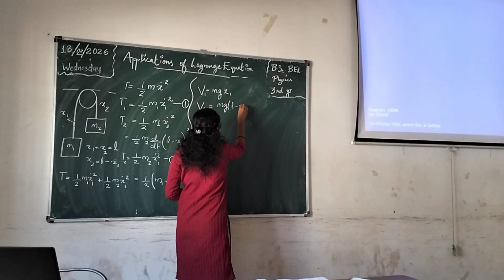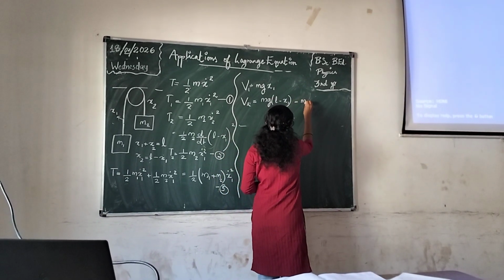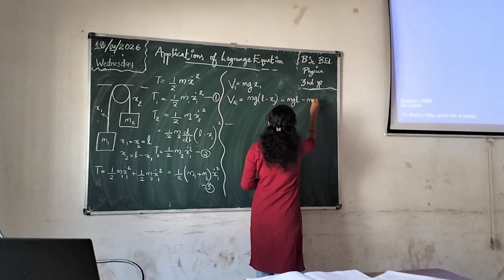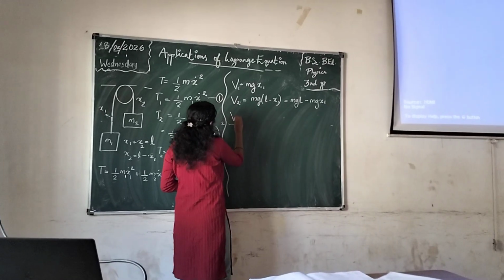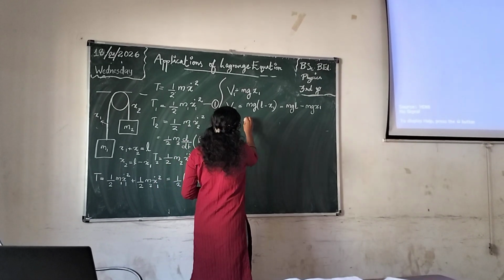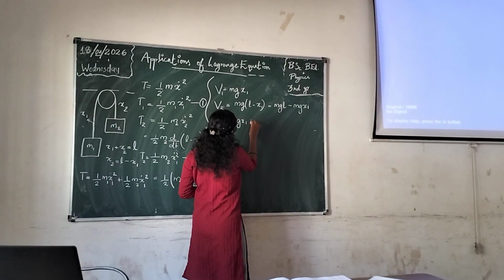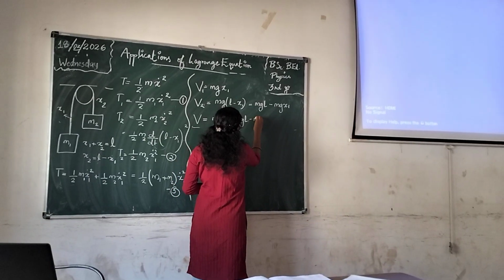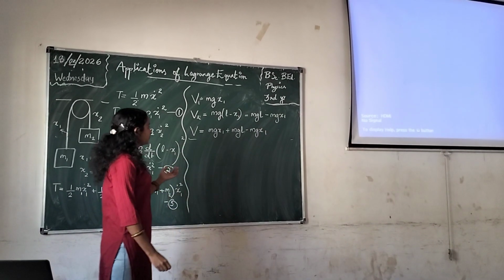We can open this in the form m2 gL minus m2 g x1. So the total V will be equal to m1 g x1 plus m2 gL minus m2 g x1.